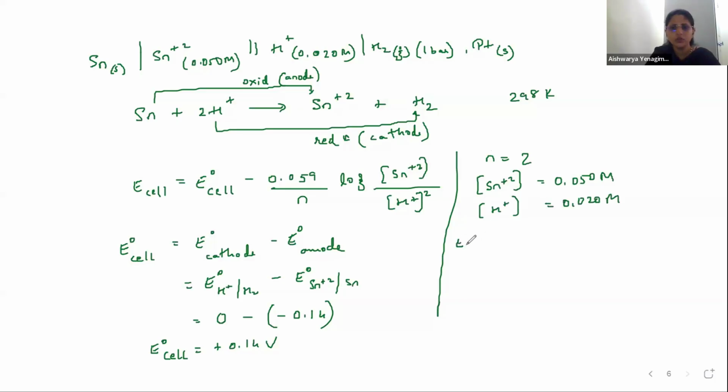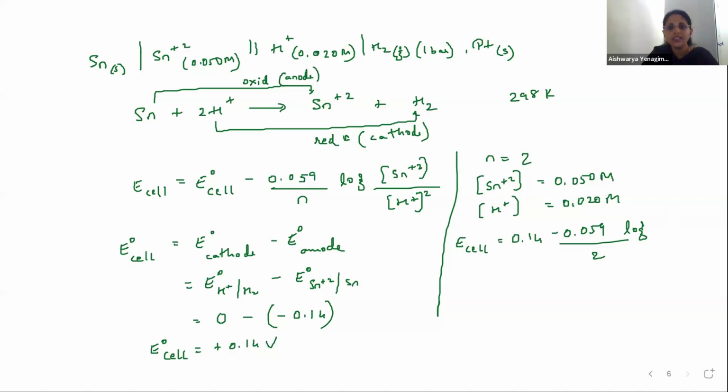Let us calculate. So E cell is equal to E naught cell 0.14 minus 0.059 by 2 log, not natural log, because I have already taken the value and calculated; I have got a constant here, 0.059.